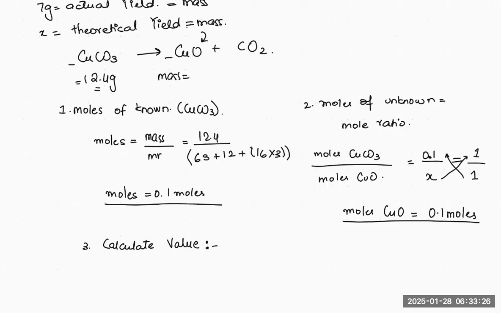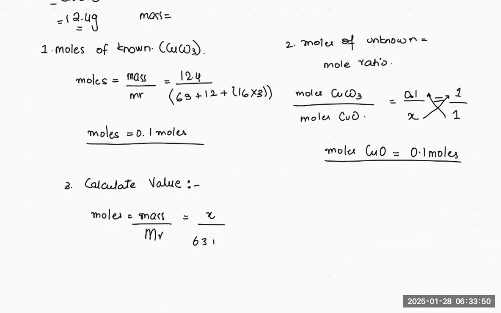Moles is equal to mass over MR. The mass we have to calculate. The MR is going to be copper is 63 and oxygen is 16. This is equal to the moles, 0.1. So you solve for X.